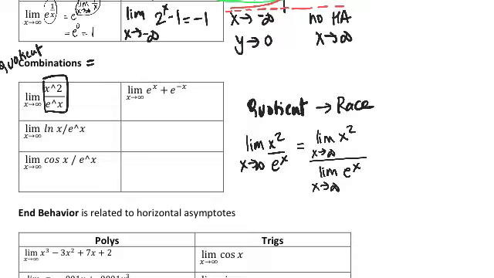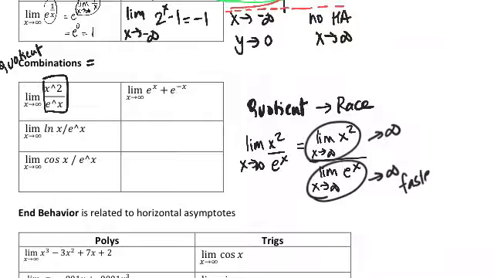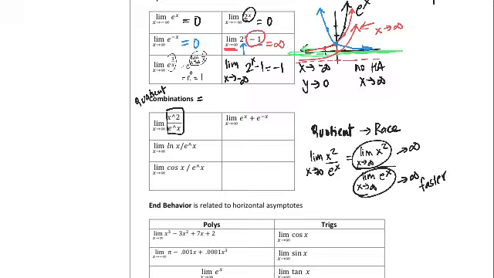This one is going to go to infinity, and this one is also going to go to infinity. But the exponential is going to go to infinity faster than the quadratic. And so the bottom number is getting bigger faster than the top number, and so this overall is going to go to 0, okay?